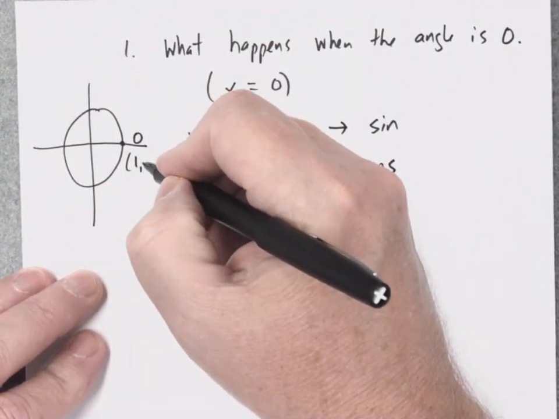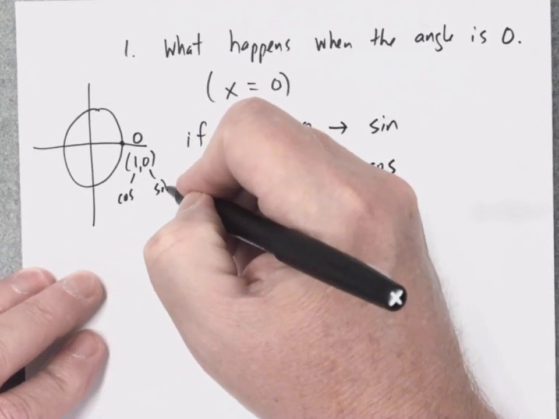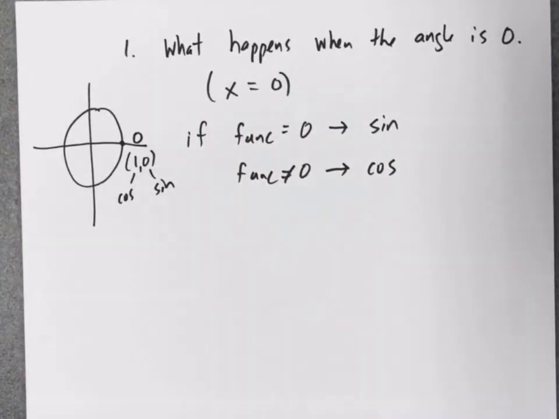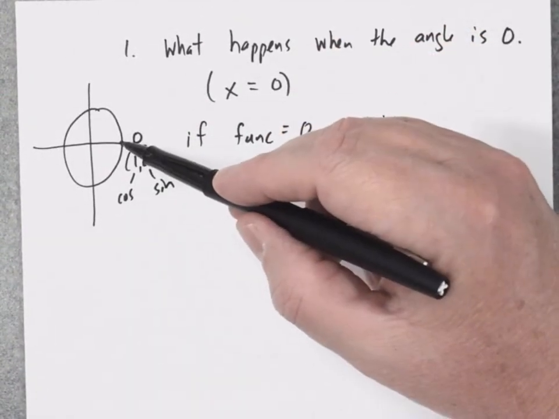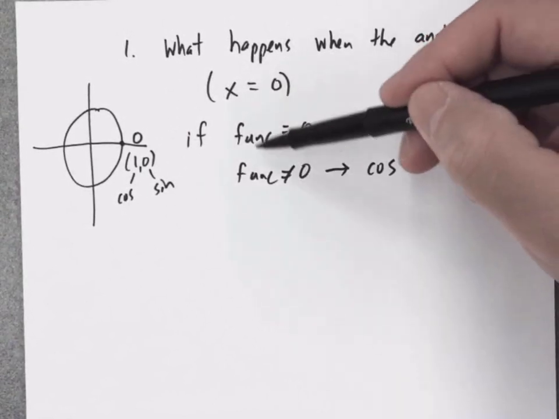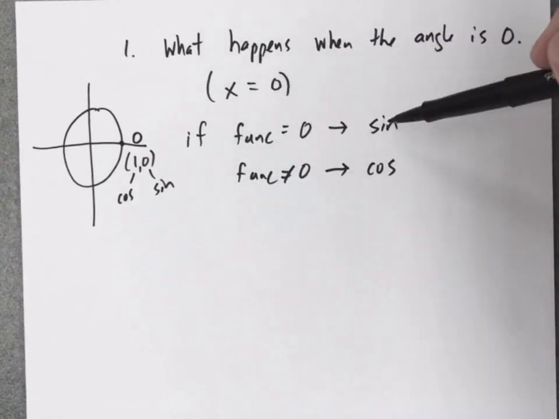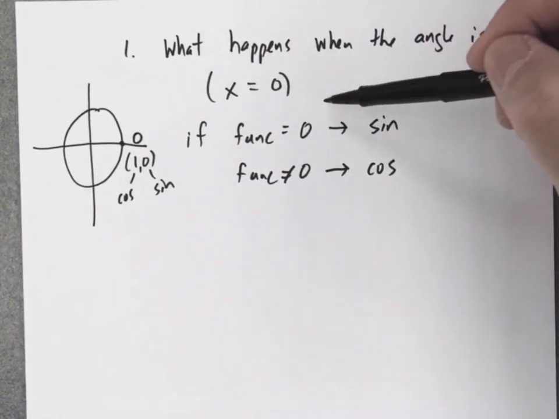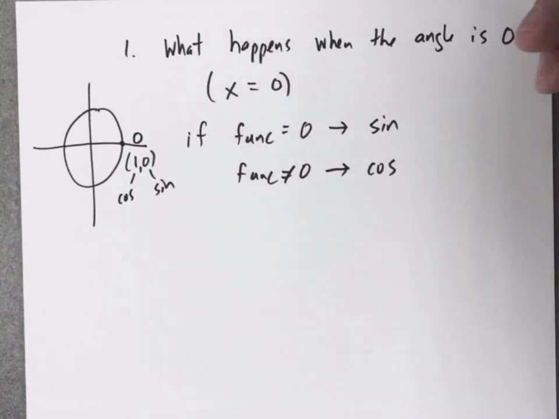This point is (1, 0). 1 is the cosine, 0 is the sine. So when we start out at the angle of 0, the sine is going to be 0, and the cosine is 1. At the angle of 0, if we have a sine function, it has to be 0 at the start, where the cosine is not going to be 0.